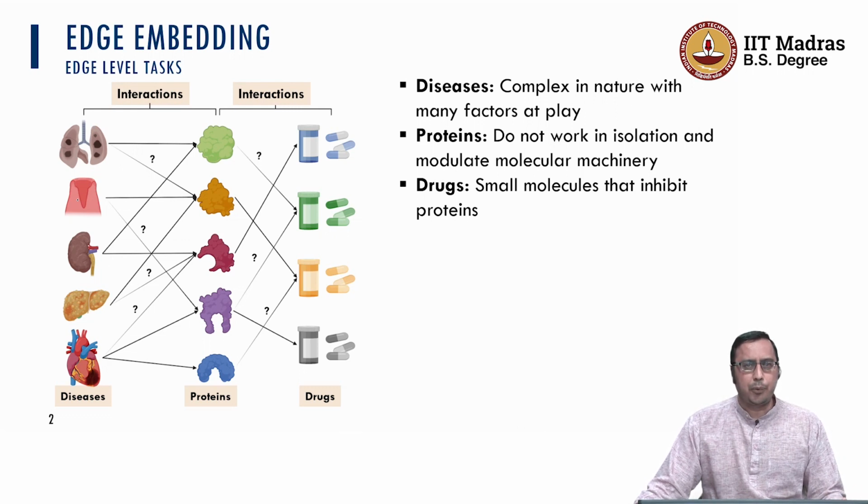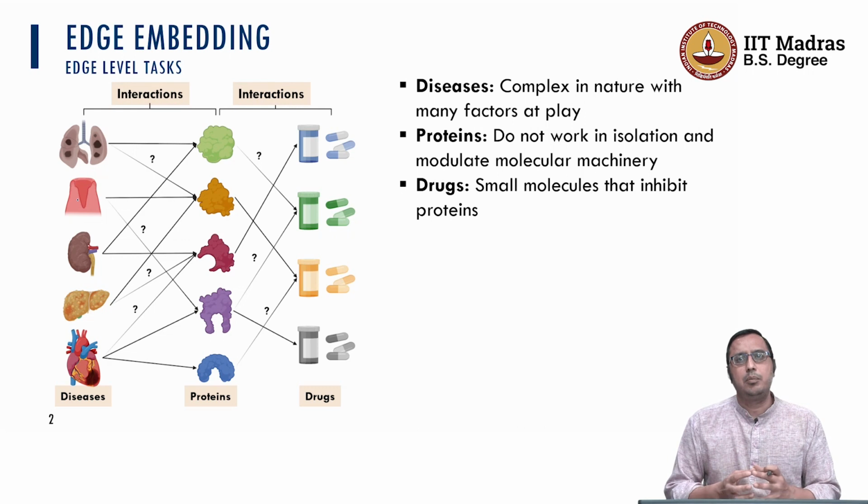And these particular proteins do not work in isolation, they work together. A set of proteins interact with each other in different diseases to modulate complete molecular machineries to exhibit either disease or non-disease conditions.